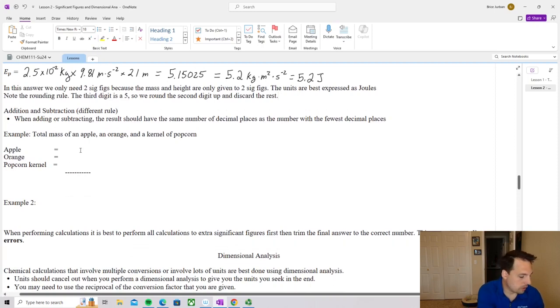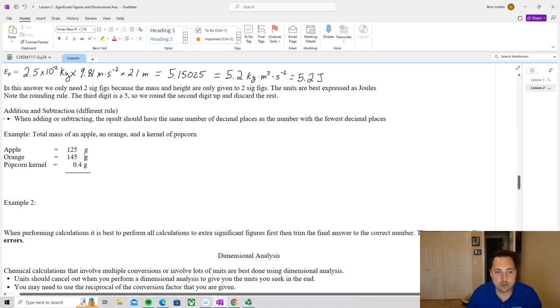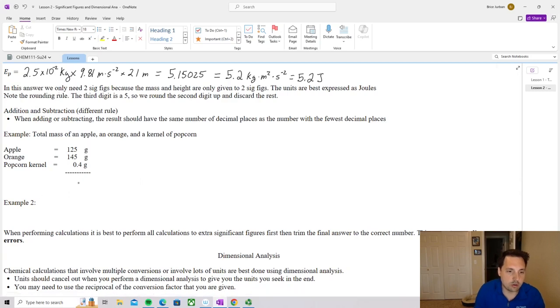All right, so an apple typically weighs around 125 grams. An orange weighs a little bit more, about 145 grams. And then a popcorn kernel is really small. It's about 0.4 grams. And when we add these all together, we'll start down here with 0.4, right?